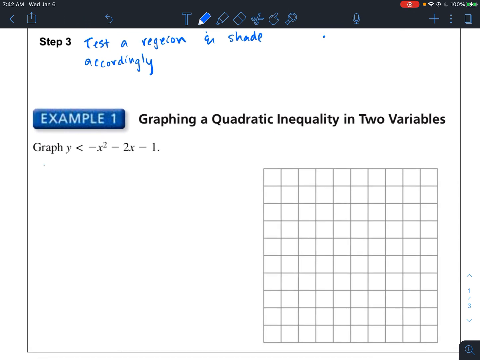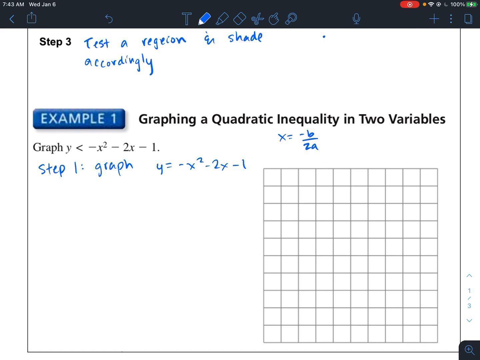So step 1 is to graph. So we're going to graph y is equal to negative x squared minus 2x minus 1. Now this is in standard form, so you could use x is equal to negative b divided by 2a in order to find the axis of symmetry, and then you could use that to find the max or the min.